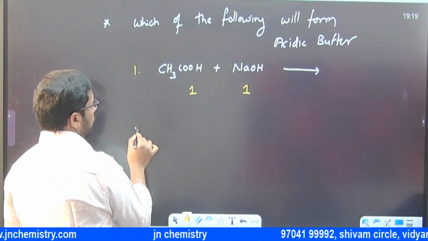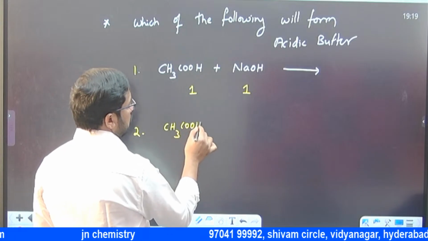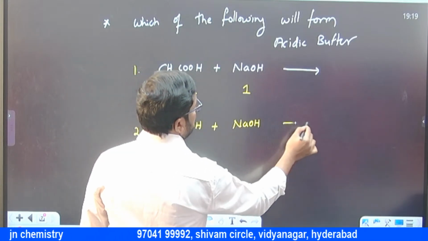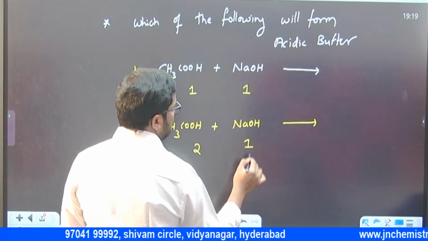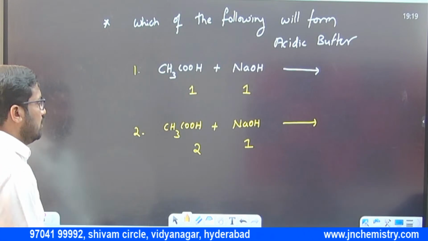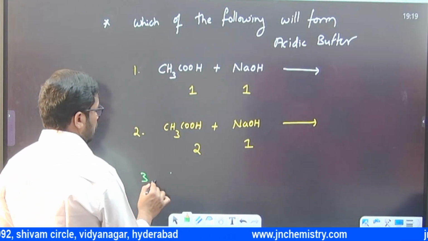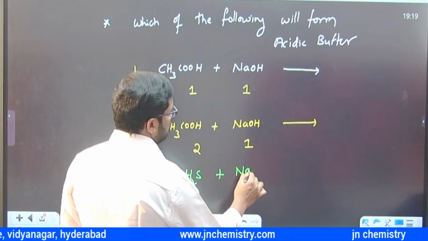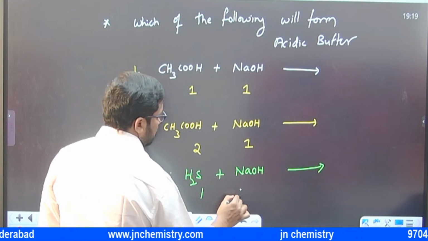Number one question. Number two, same question, so this is 2 moles, this is 1 mole. Third one, with OH, 1:1.